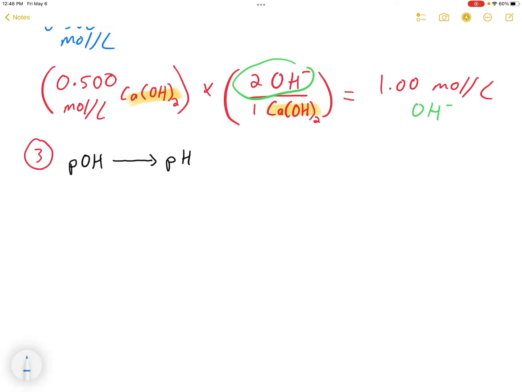Since we have hydroxide concentration, we're going to go from pOH to pH, initially finding the power of hydroxide using this formula here, a log base 10 formula, 1.00.